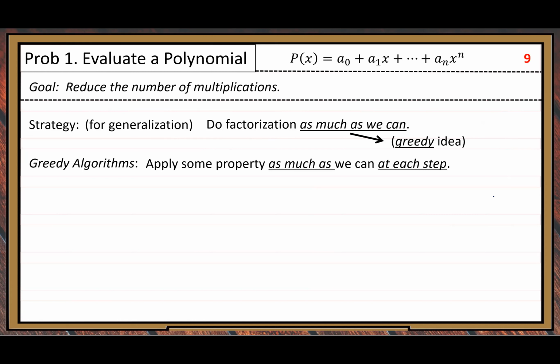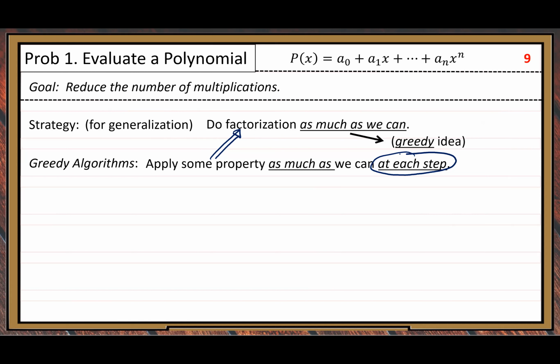Apply some property. Here by property, we mean factorization property. Apply some property as much as we can at each step, step by step. At each step, you can take this greedy approach. So that's the greedy algorithms.